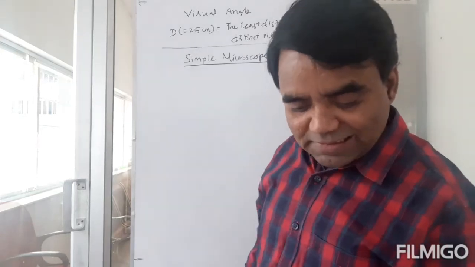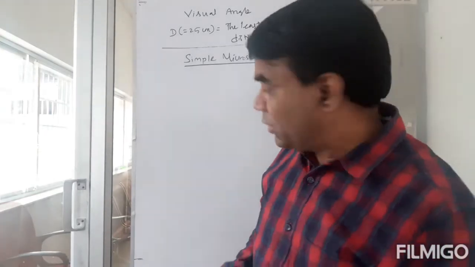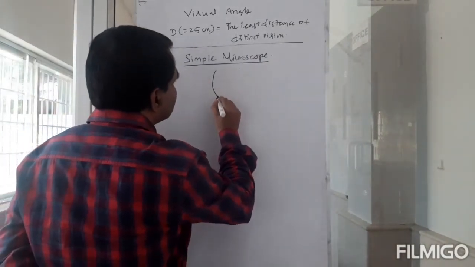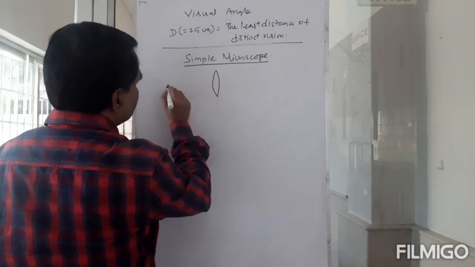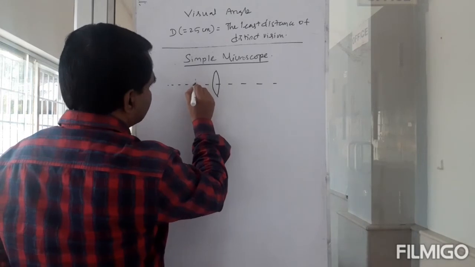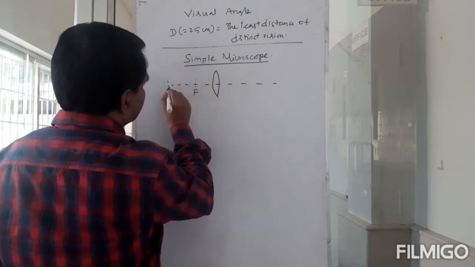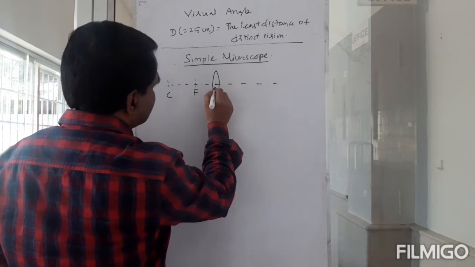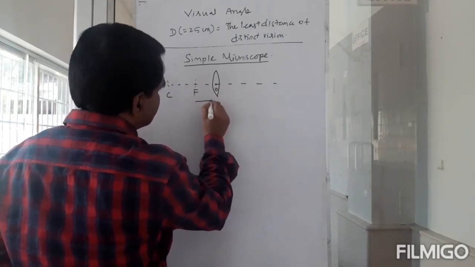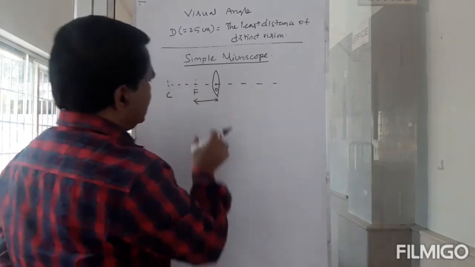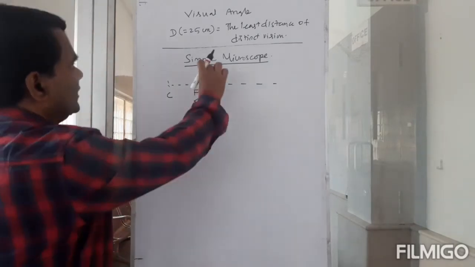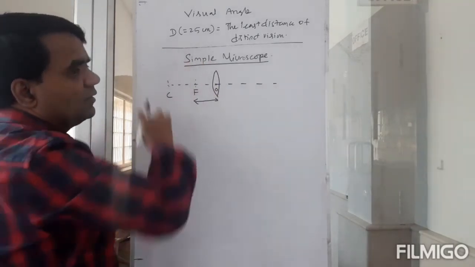Anyway, in the case of a simple microscope, this is a lens, and I'm going to keep the object between the optical center of the lens and F. So this is where I'm going to keep the object. My U is going to be like here. If the U is here, then clearly the image will be formed on this side.